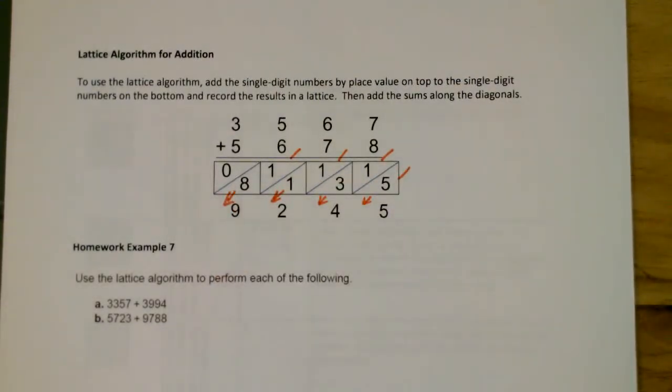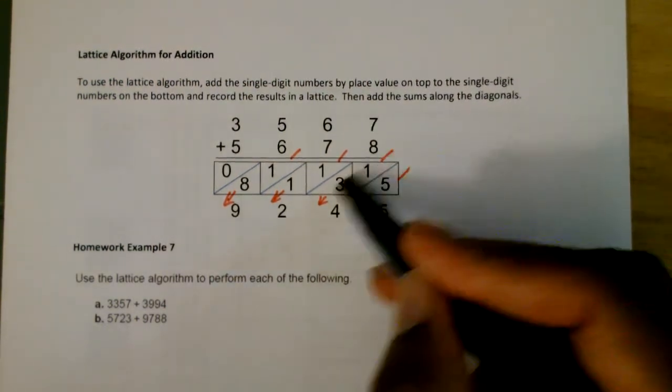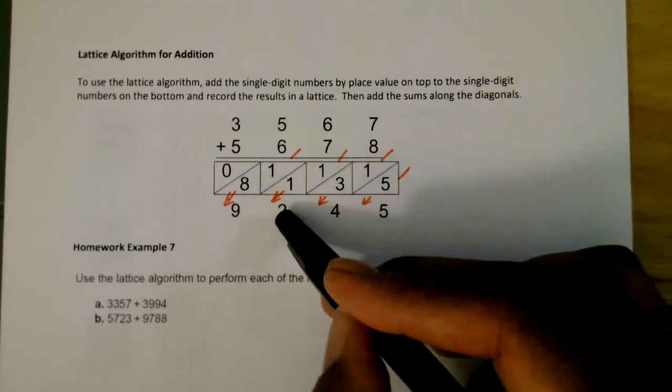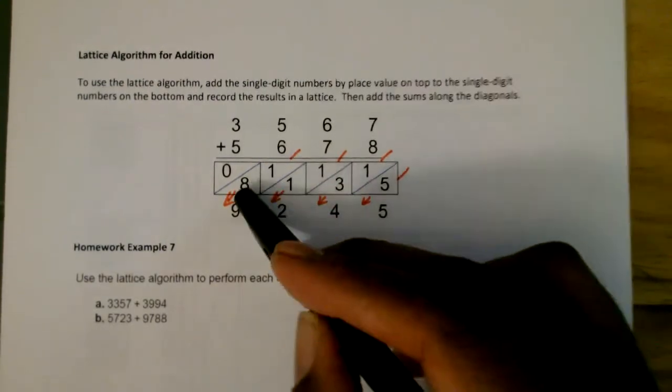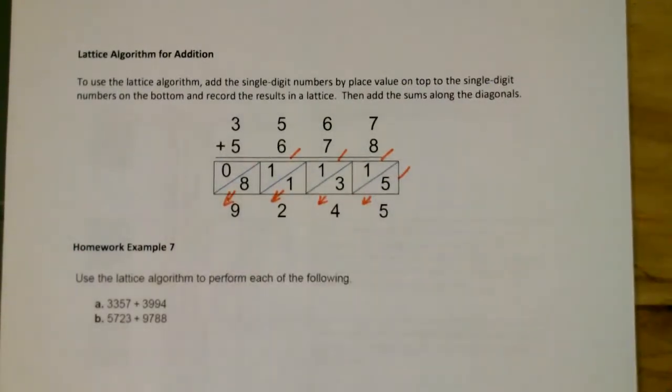So we have nothing to add to the 5, so we bring that down. Add 1 and 3 together, you'll get 4. Add 1 and 1 together, you'll get 2. 8 and 1 together will be added to get 9. So that means 3567 plus 5678 will be 9,245 as the final answer.